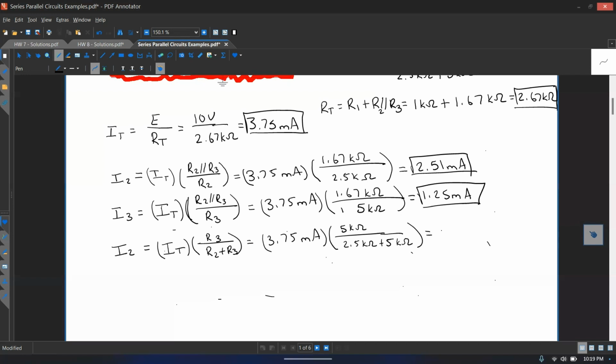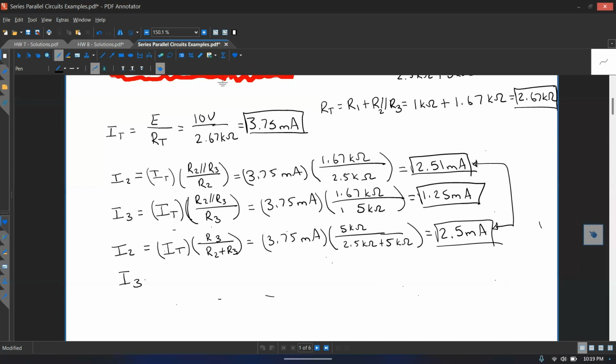And if you do it this way, you get 2.5 milliamps, which is pretty close to this one. So that checks out.